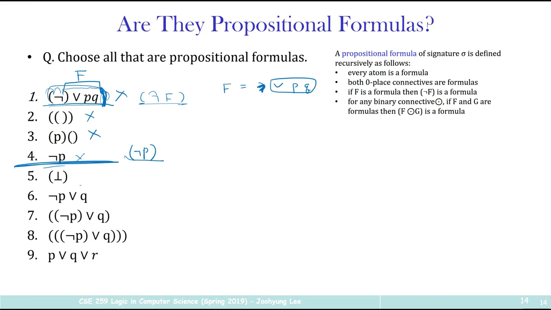So choose from 5 to 9. Actually, choose all that are propositional formulas. It's a short answer question. So show everything that is a formula. Just write the numbers of them.